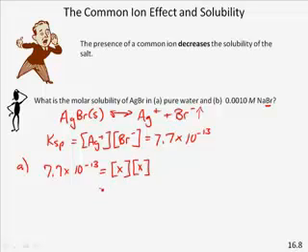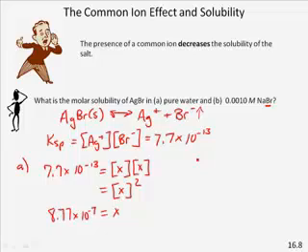So we would get X squared, and that's going to give us a solubility of 8.77 times 10 to the minus 7. Now let's look at what happens if we have that common ion in there.